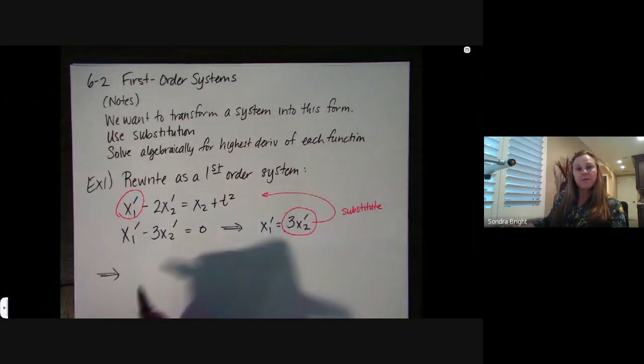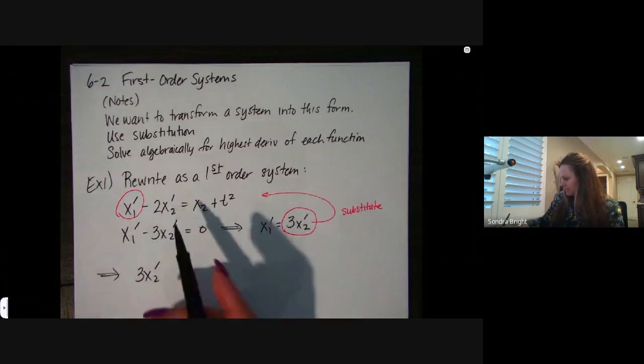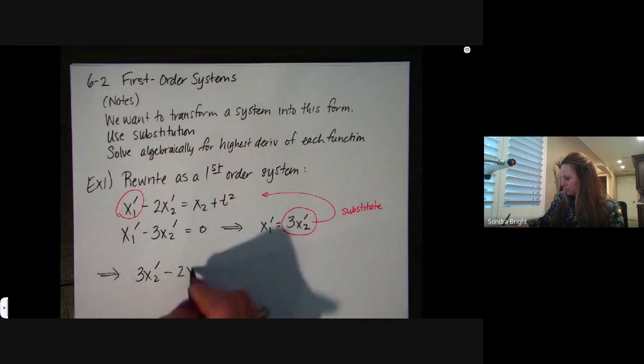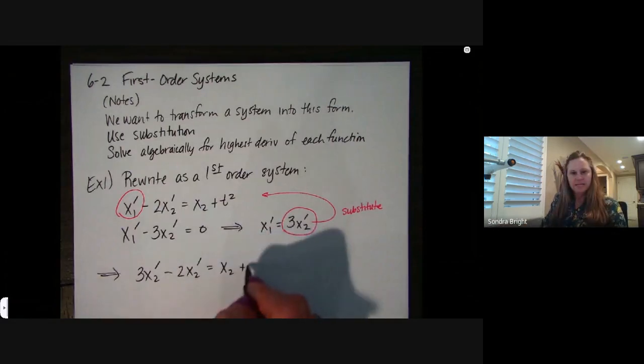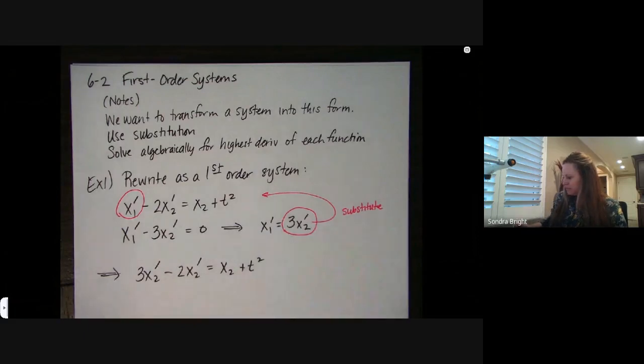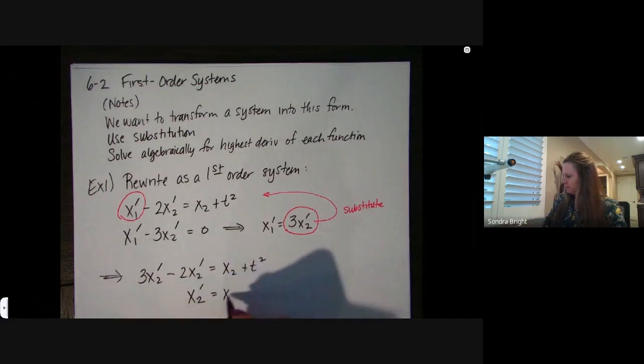And then I still have a minus 2x2 prime, and that's equal to x2 plus t squared. These two are like terms, so you can simplify that: 3 minus 2 gives you 1x2 prime is equal to x2 plus t squared.